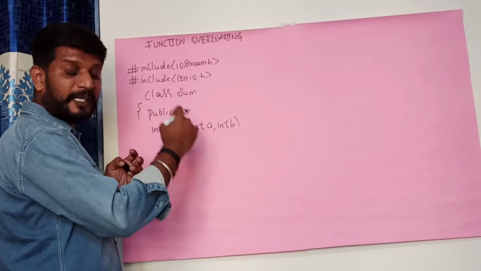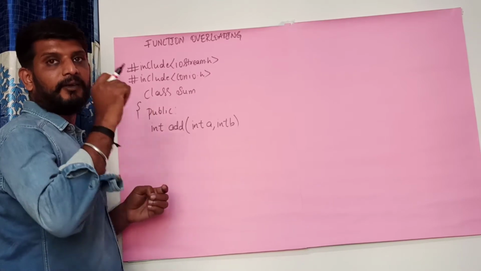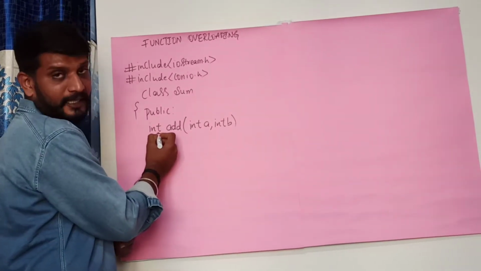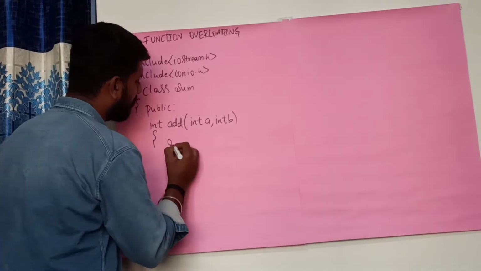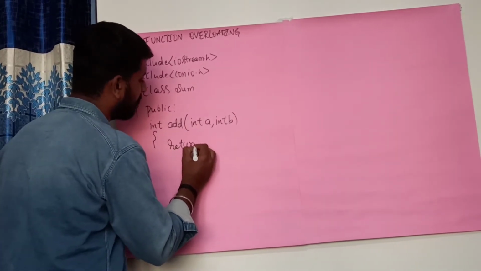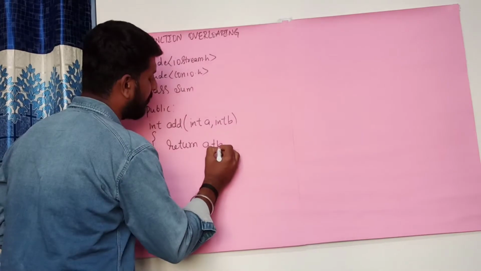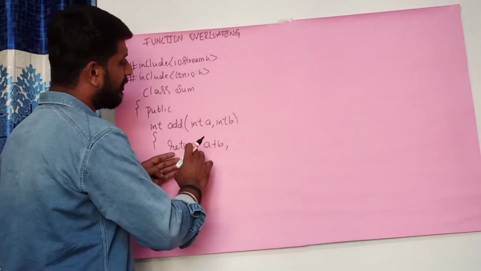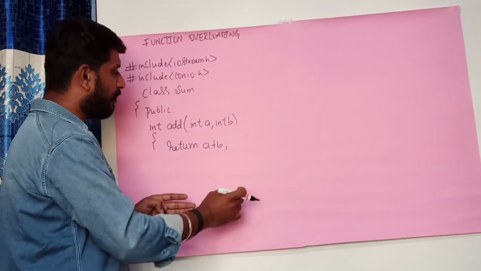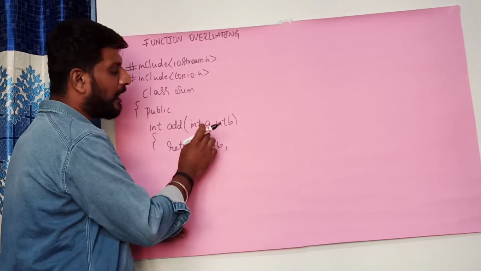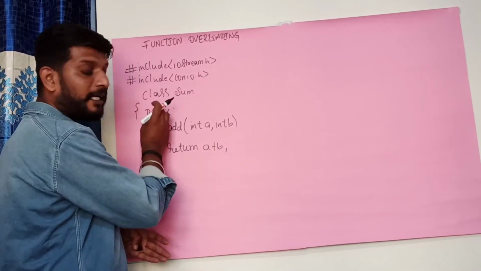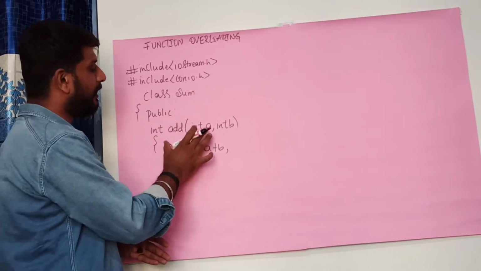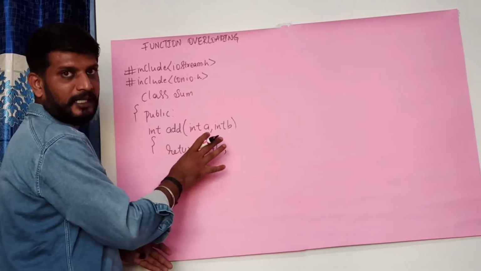So when this function executes, it will return a value of kind integer. Now let me define this function: return a plus b. When this function executes, it will add the value of a and the value of b and return that value.